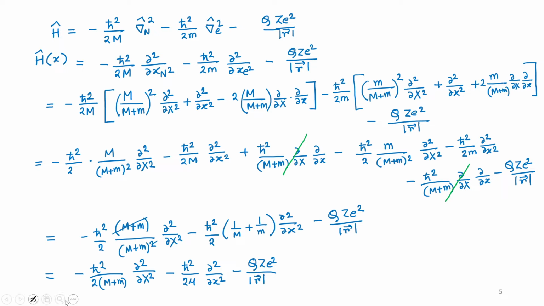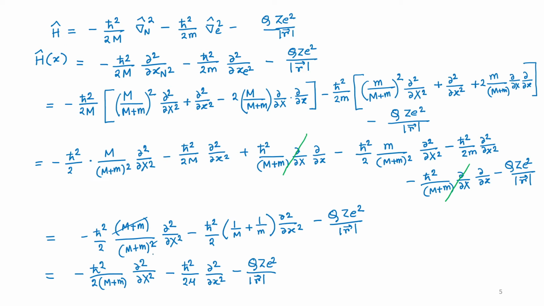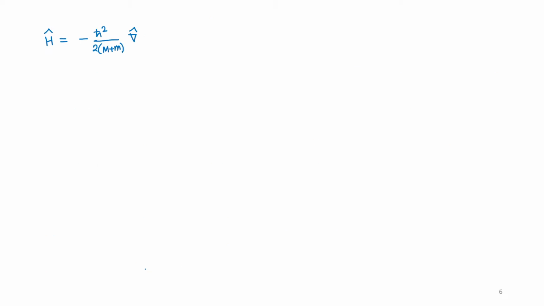So now you will see that we have, so I will go to the next page maybe. So this is for one dimension. So for three dimension, if the same thing follows, then we can write that we are going to get, so we are getting in terms of del 2 del x2 capital X2.